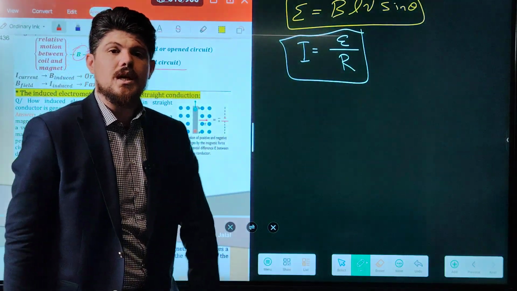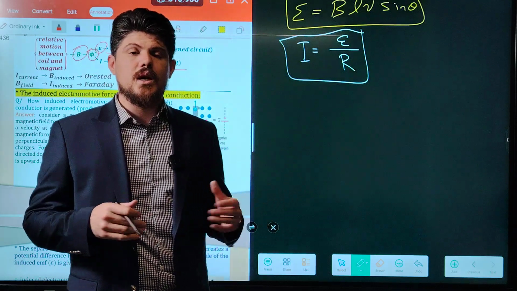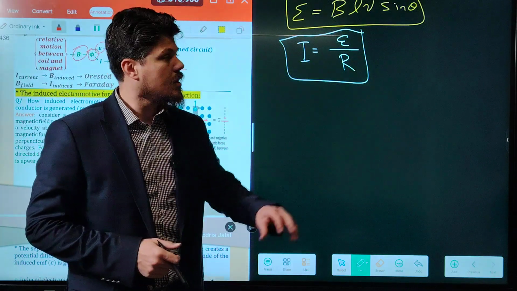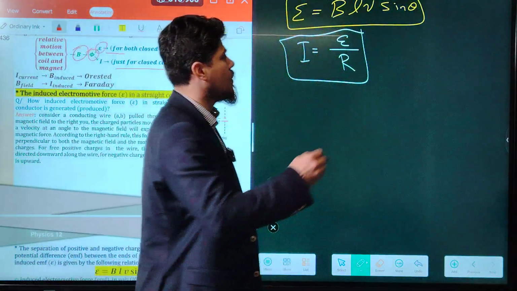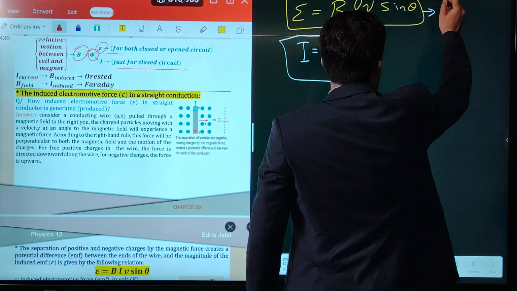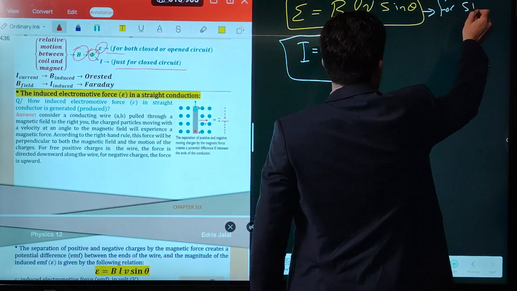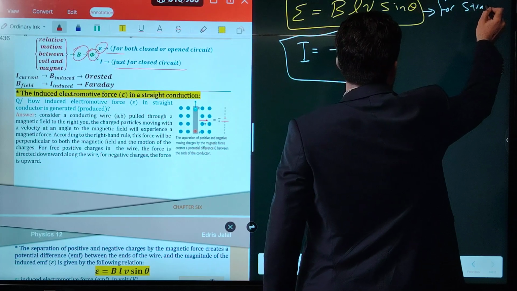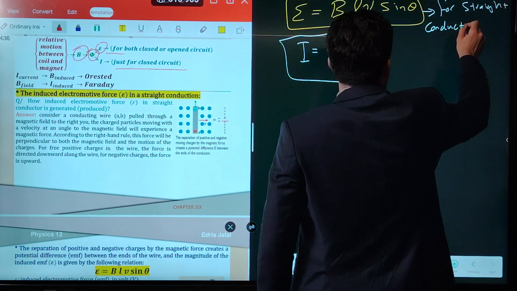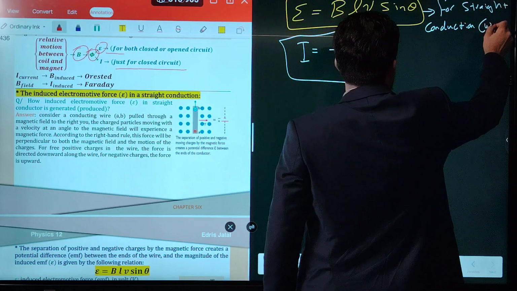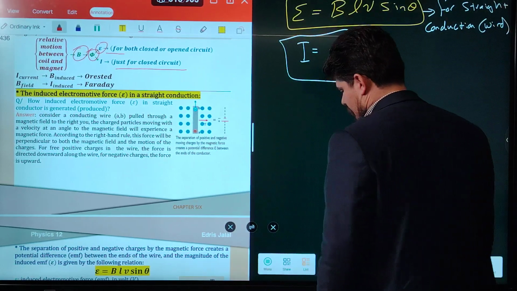How can you determine electromotive force and current in a straight conductor? By using this equation, EMF for the straight conductor, or straight wire. Guys, look.